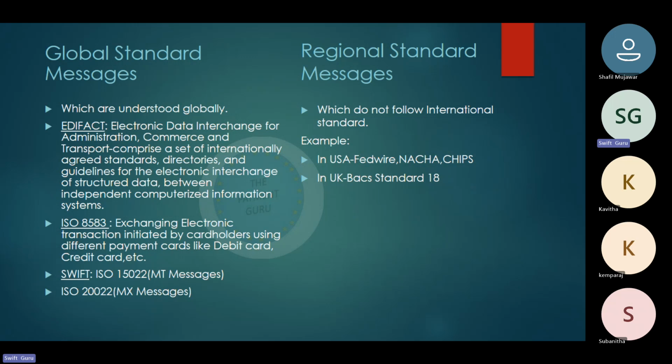But prior to that, they were using a proprietary message format, which is understood only within the United States, within the Fedwire payment scheme, by all the banks participating in it. Similarly, UK Bacs Standard 18 is again a flat file based message which is only understandable within the respective clearing scheme of the UK.